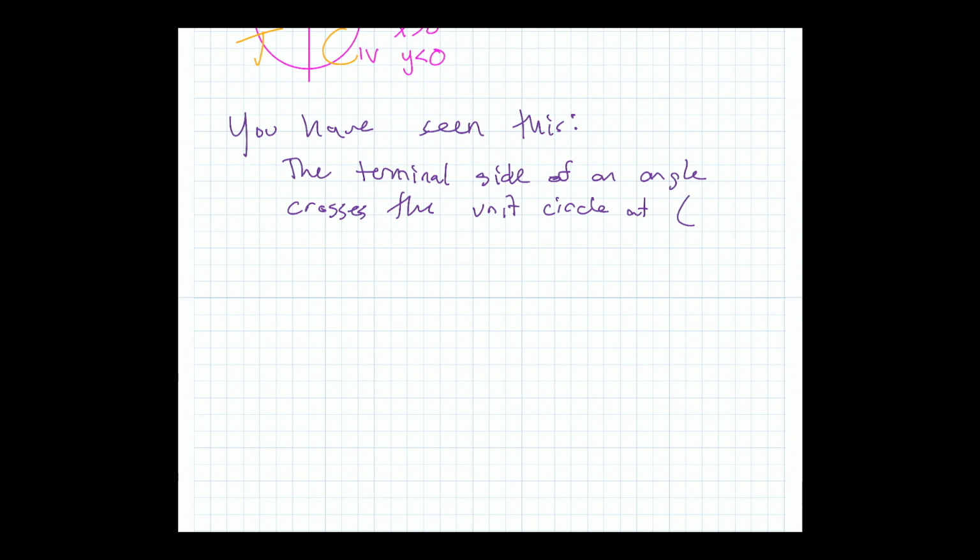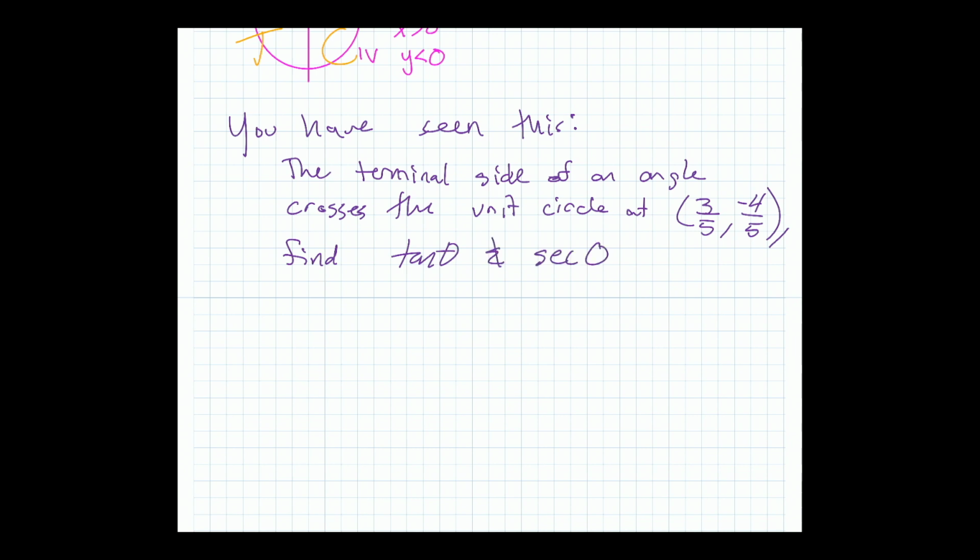And the point could be whatever point. So like maybe the point is like 3/5 comma negative 4/5, right? And then they can ask you for some trig function. So they can say find, you know, tangent theta and secant theta, something like that, right?